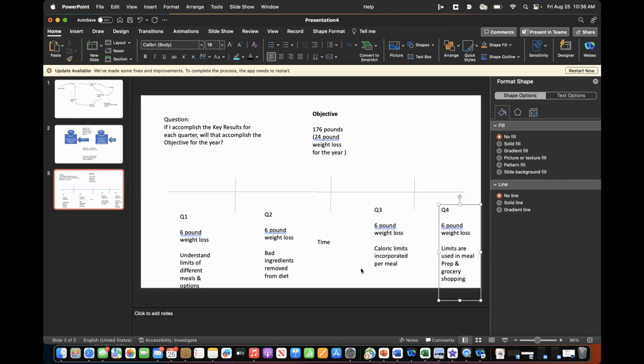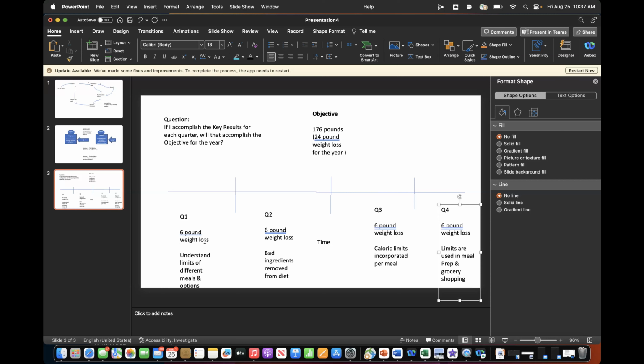So again, you want to phrase it this way: given that my objective is to lose 24 pounds, if I lose 6 pounds in Q1, and I understand the limits of different meals and options, and I lose an additional 6 pounds in Q2, and I've removed any of these bad ingredients from my diet, and in Q3, I'll lose 6 pounds, but I understand here's the caloric limits that I can personally have given my natural rate of burning off calories and the amount of exercise that I'm conducting.